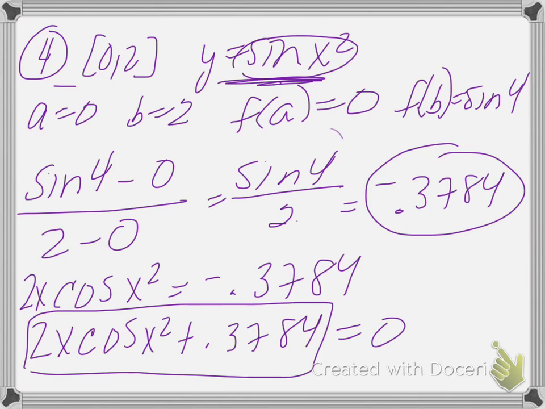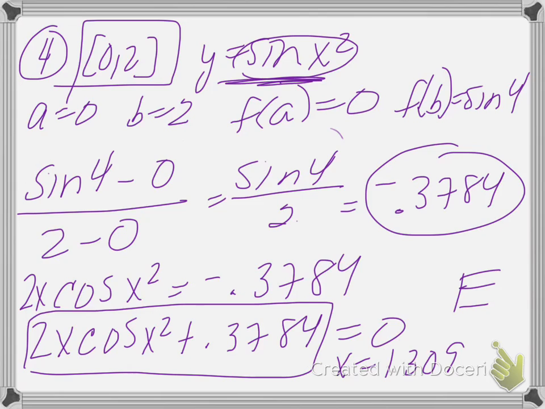You're going to set your window from 0 to 2, and you're going to do that whole second calc thing. And when you do, you're going to find that x is equal to 1.309 and so on, which is choice E. That was the answer for 4.